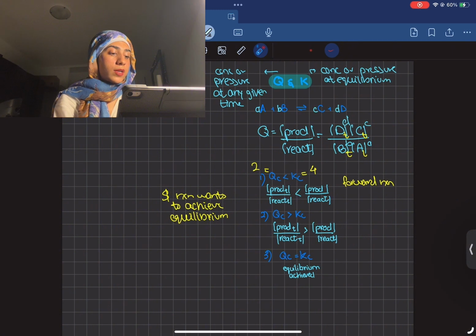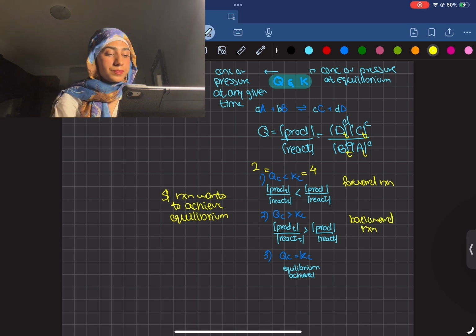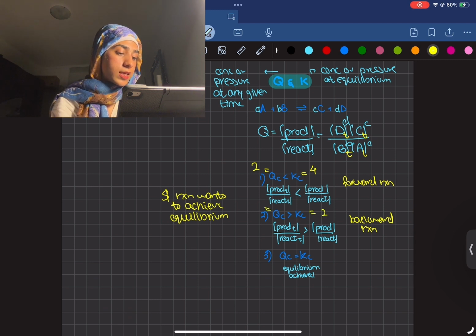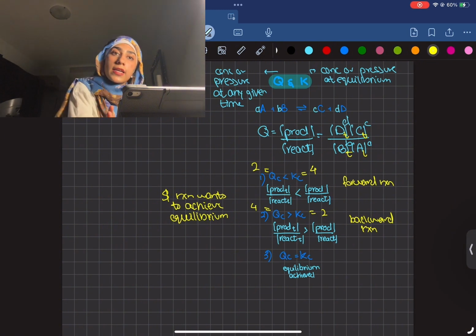Now for the second one, where my Qc is greater than my Kc, that would mean that my backward reaction is being preferred. Now using the same ideology, let's say my Kc is 2 here, my Qc is 4. Now this means that my reaction has gone ahead of equilibrium.